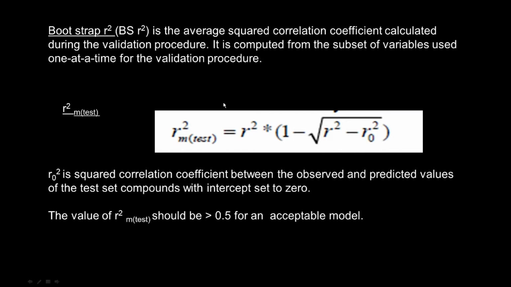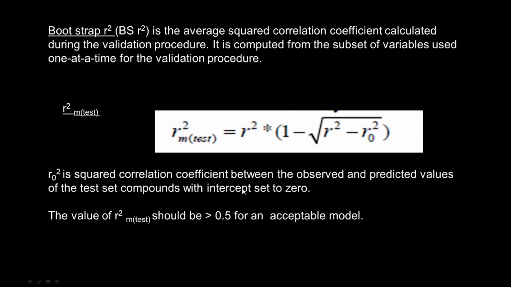Okay, then there is also the R square M test. This R0 square is the squared correlation coefficient between the observed and predicted values of the test set compounds with the intercept set to 0. I also mentioned that we should have some test set apart from the training set. With the test set, we do an R square M test using this particular formula, where R0 square is the squared correlation coefficient between the observed and predicted values of the test set compounds with the intercept set to 0.